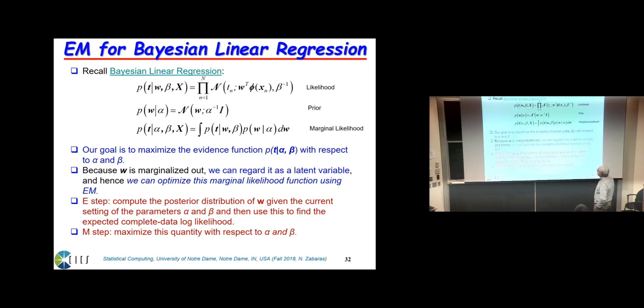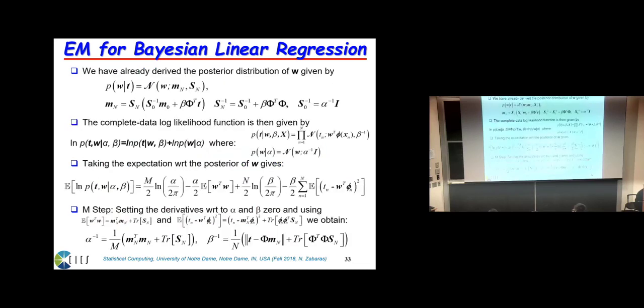So the question is, can I actually write together the joint log likelihood of the data T, the response for each data point X I have, and W together? You say now, wait a second, the joint log likelihood of the data and the parameters, what does that mean? Well, how about that? All right?